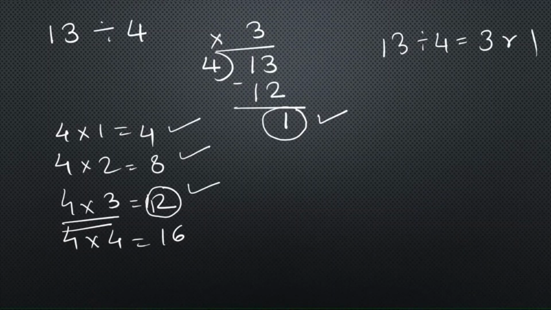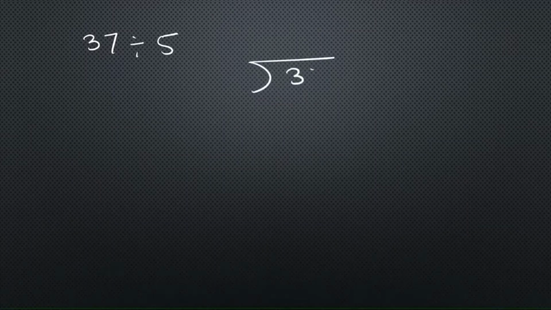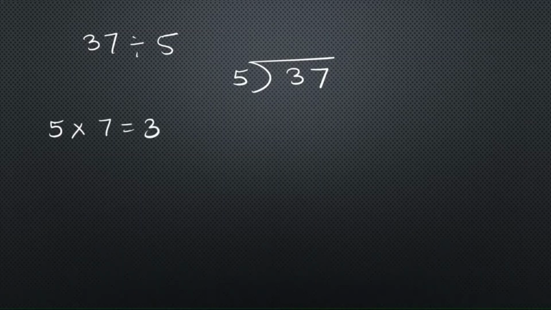So 13 divided by 4 comes as 3 with remainder of 1. We can go through one more. 37 divided by 5. Rewrite this example in this format. So 37 here and I write 5 here. 37 is not multiple of 5, so we have to choose the number less than 37 and it should be near to 37. So 5 times 7 equals 35.